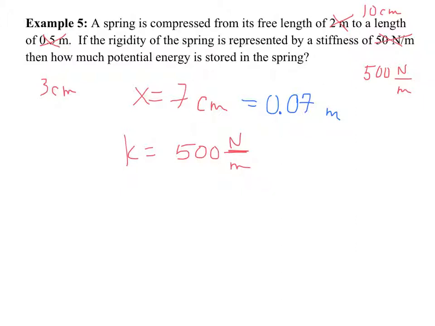We got 500 as our K value. Now it's a plug and chug. Just go into the problem, plug it in. PE equals, and sometimes you can write PEE or PES, S for spring or E for elastic, just to specify that it's not regular potential energy.